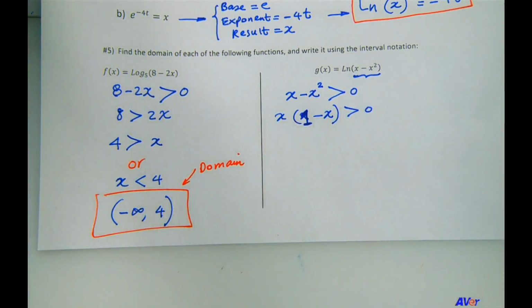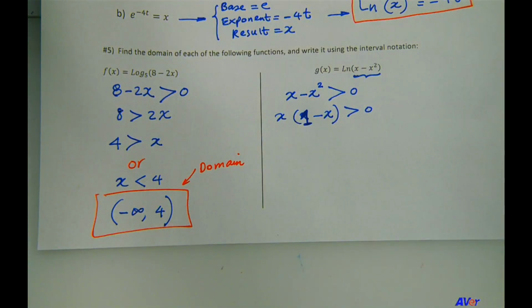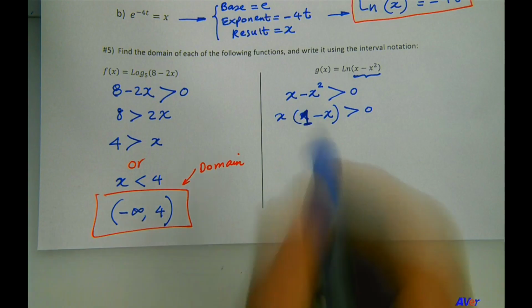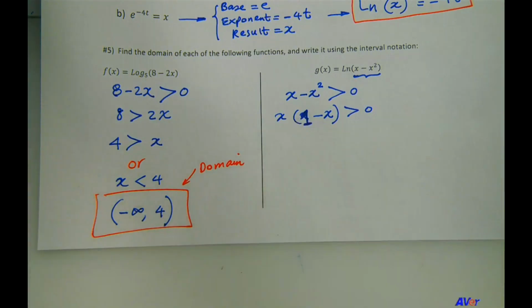If you remember how we solved quadratic inequalities, first we would find the boundary solutions, right? Where are the boundary solutions? The boundary solutions are wherever the quadratic inequality is equal to 0.